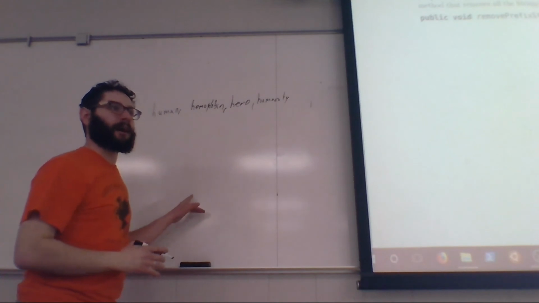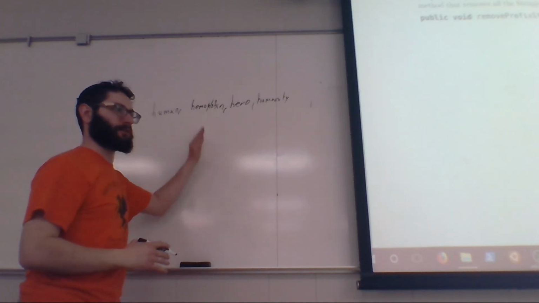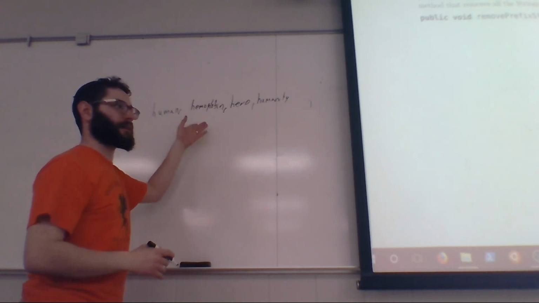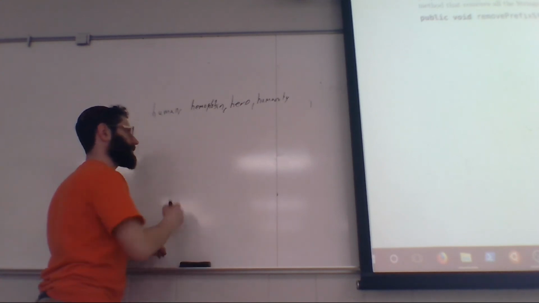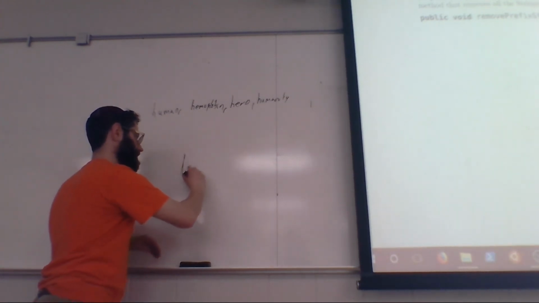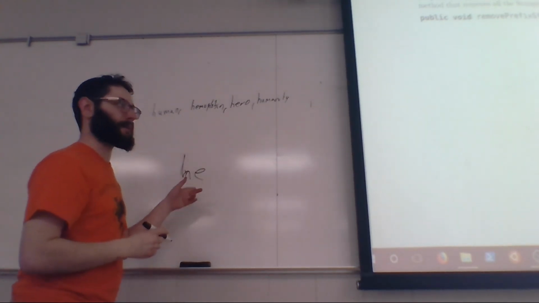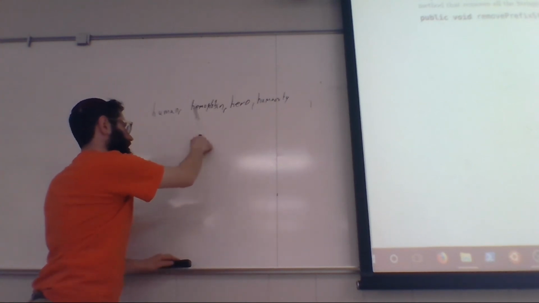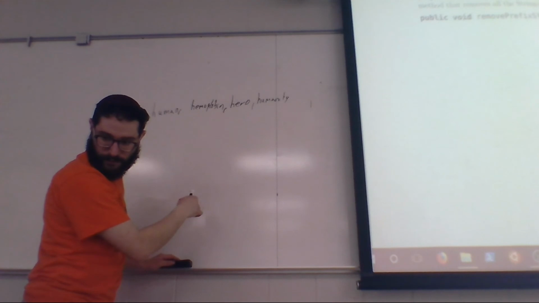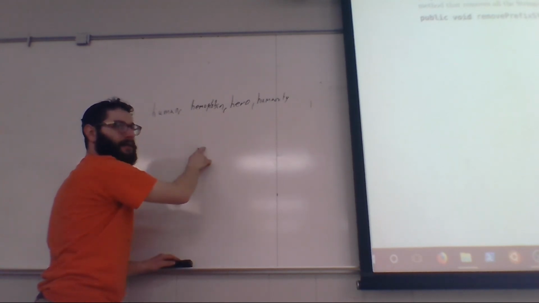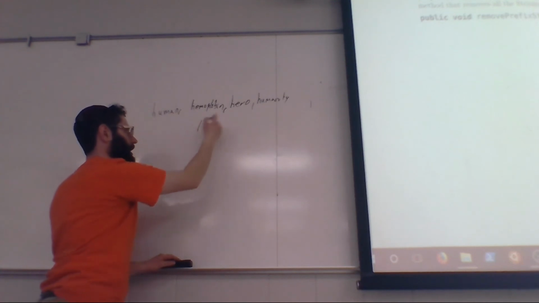And say I write an algorithm that iterates through this and says, for every item that begins with the prefix, and the prefix I'll be testing is he, if it begins with he, I'll just remove it. So human, I don't remove it. I go to hemoglobin, I remove that, right? I'm at index 1 right now.